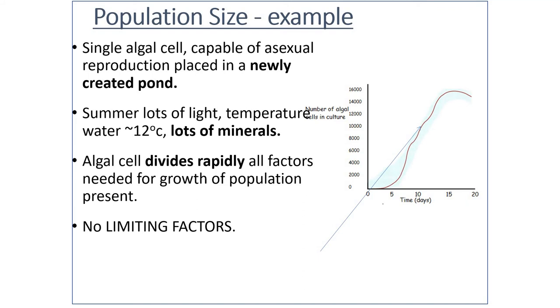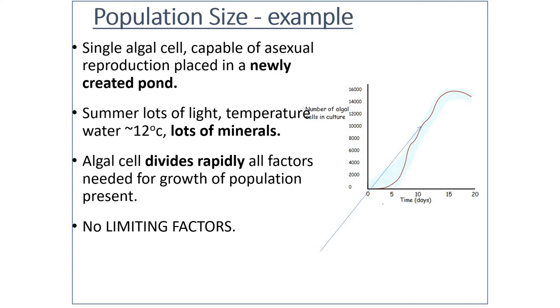As an example, if we looked at some algal cells, a single algal cell is capable of asexual reproduction, and when you place it in a newly created pond, initially there will be slow growth because these algal cells need to reproduce to build up their numbers.